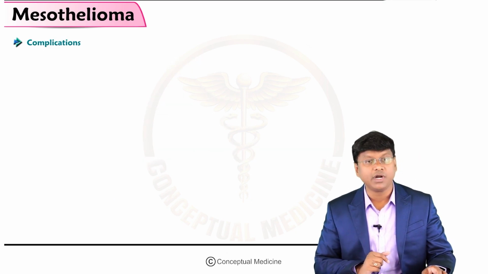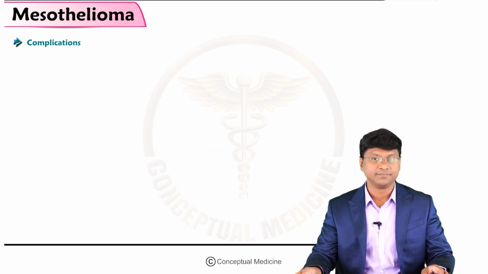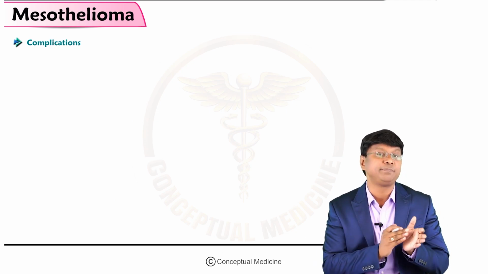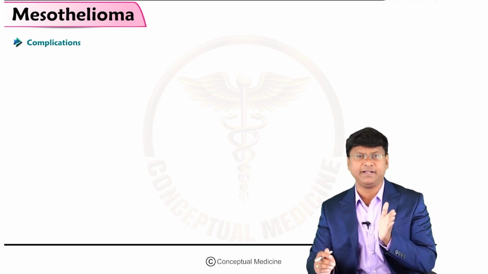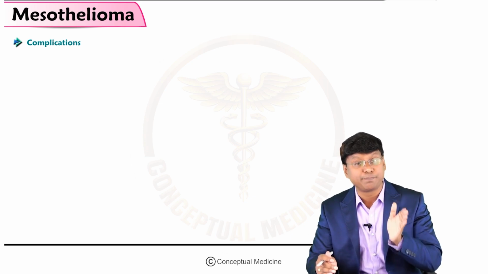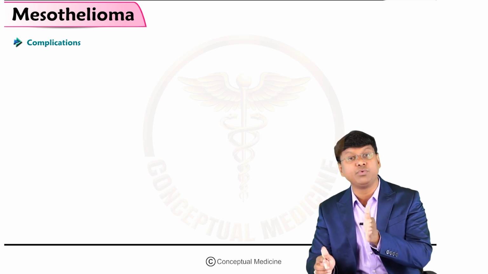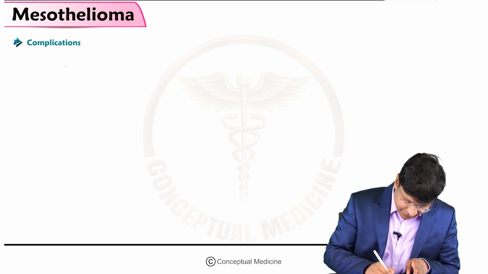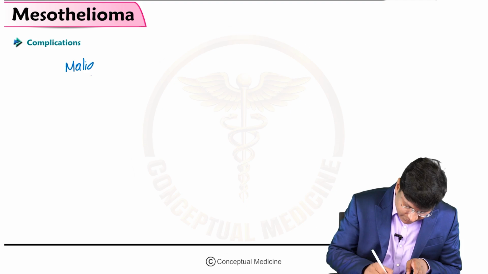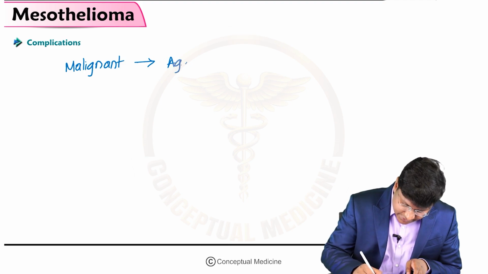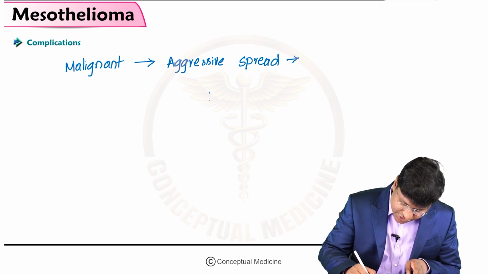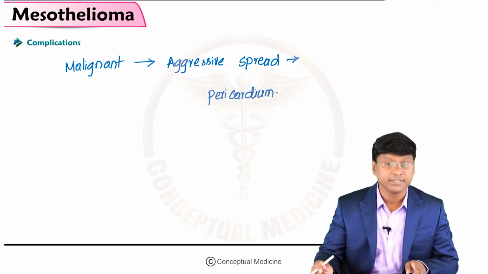Then, what are the complications of mesothelioma? Malignant pleural mesothelioma progresses rapidly as the tumor spreads along the pleural surface to involve the pericardium, that is, the heart.